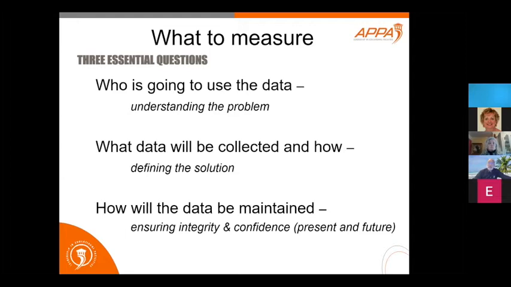With your CMMS or IWMS, you're maintaining the data locally or in the cloud through the service that you get. The goal is to ensure that the data has integrity to it, there's confidence in it, and you can use it both in the present and in the future, and know that it's valuable and reasonable data.